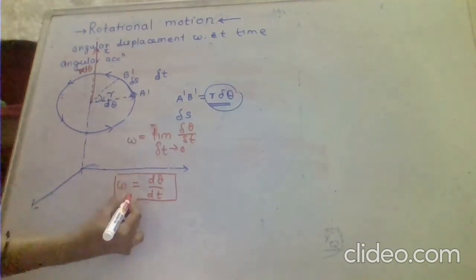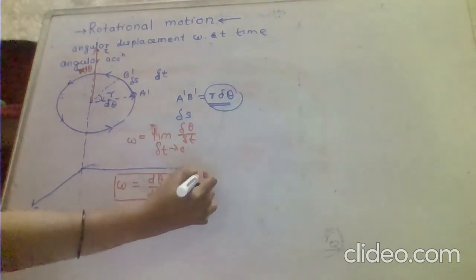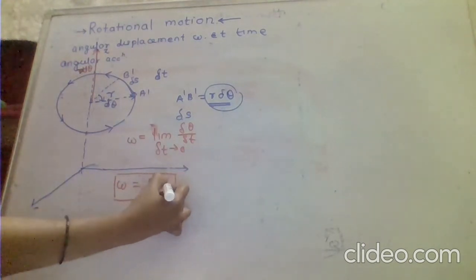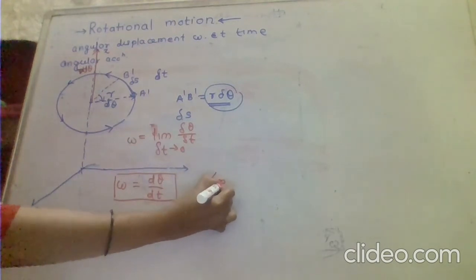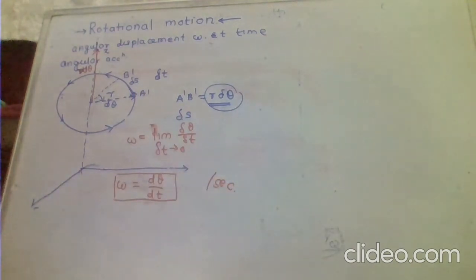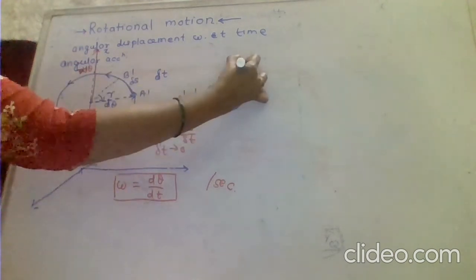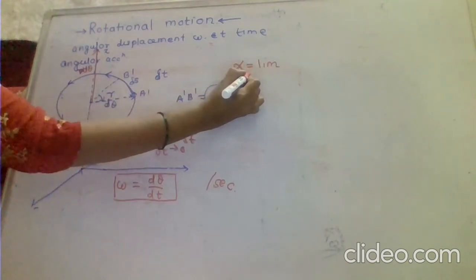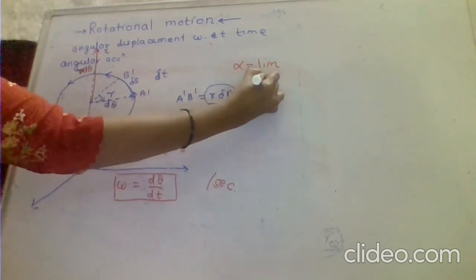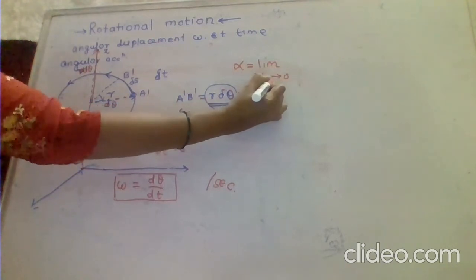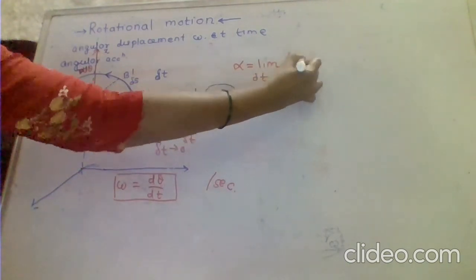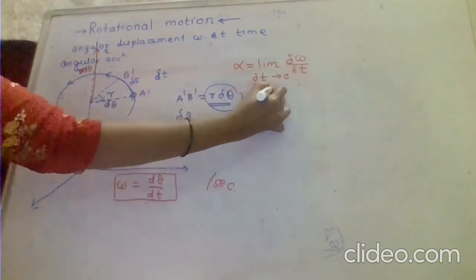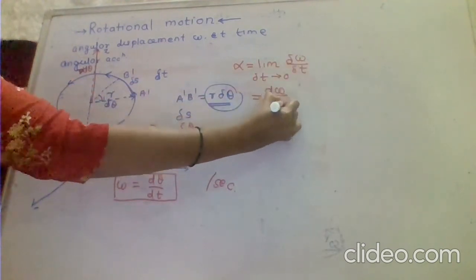The unit of angular velocity is the rate of change of angular displacement per second. Angular acceleration means the rate of change of angular velocity. It is denoted by alpha, and we can write it like this: as delta t tends to 0, delta omega upon delta t, or d omega upon dt.